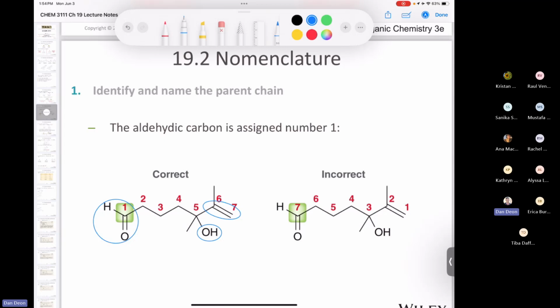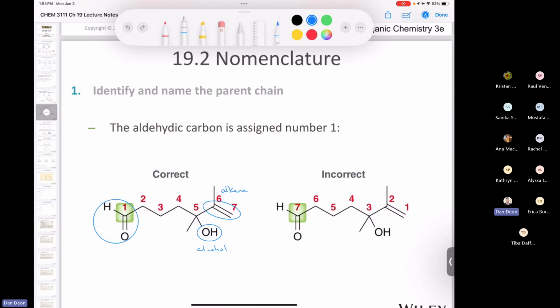And any compound with a carbonyl will always take precedence over an alcohol and an alkene. Okay, so if you look at this compound overall, how would you describe it? Would you call it an aldehyde, an alcohol, or an alkene? You would call it an aldehyde.